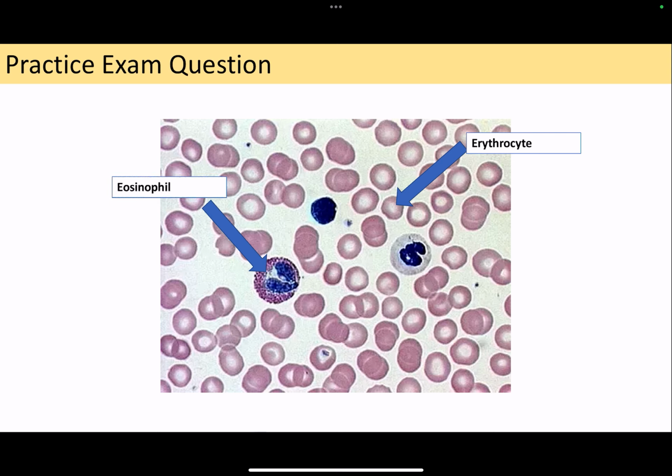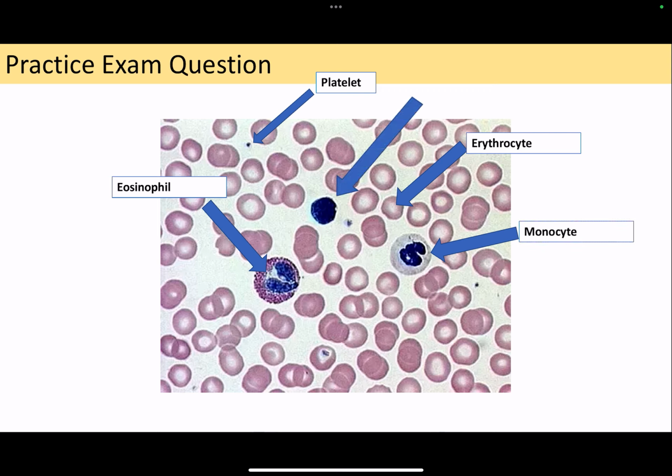Eosinophil, yeah. What are these fragments that are throughout? Platelets. What's another word for platelets? Thrombocyte. What is that larger cell? Monocyte, yeah. Yep. And then this guy right here is a lymphocyte.